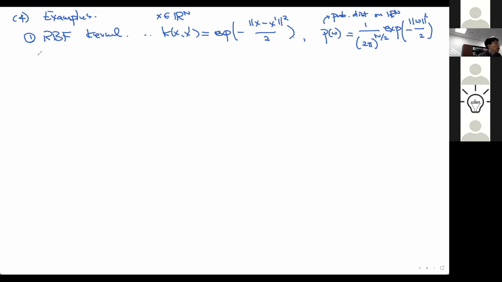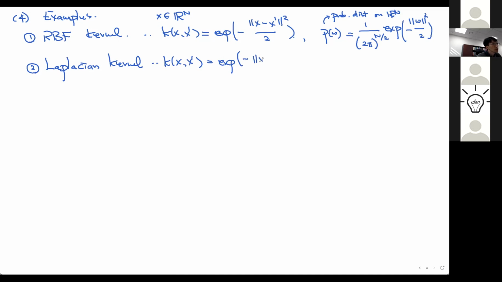For the other examples, I want to talk about two other examples which appear in the textbook. One is the Laplacian kernel, where the kernel K is defined very similarly to the RBF kernel, except that instead of using the L2 norm, we are using the L1 norm.